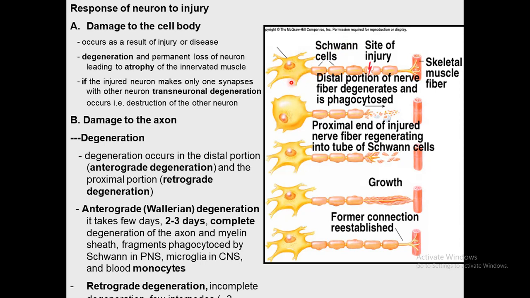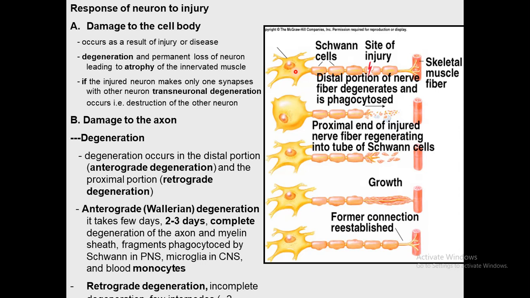Also, if this neuron forms synapses with other neurons, it causes transneural degeneration, which is the degeneration of the synaptic neuron. This is if the damage is on the cell body.